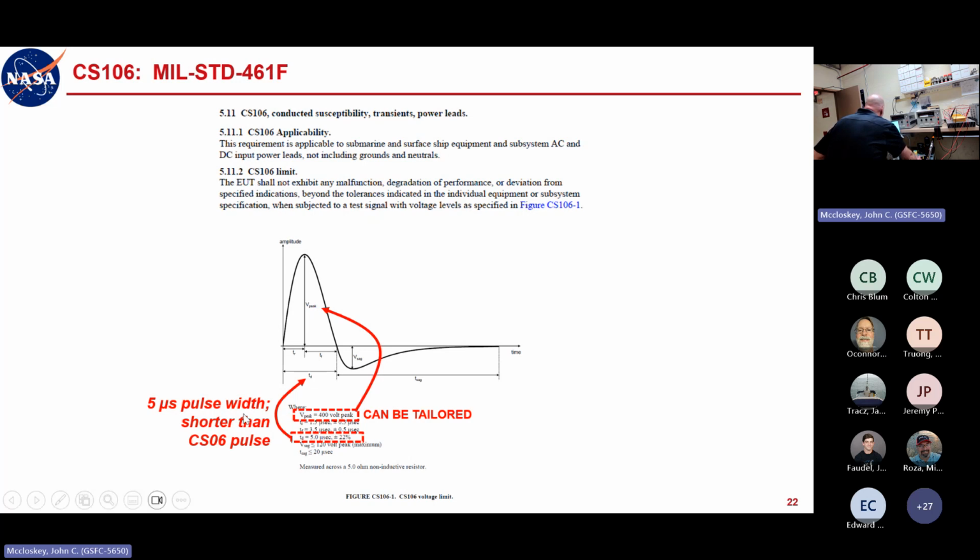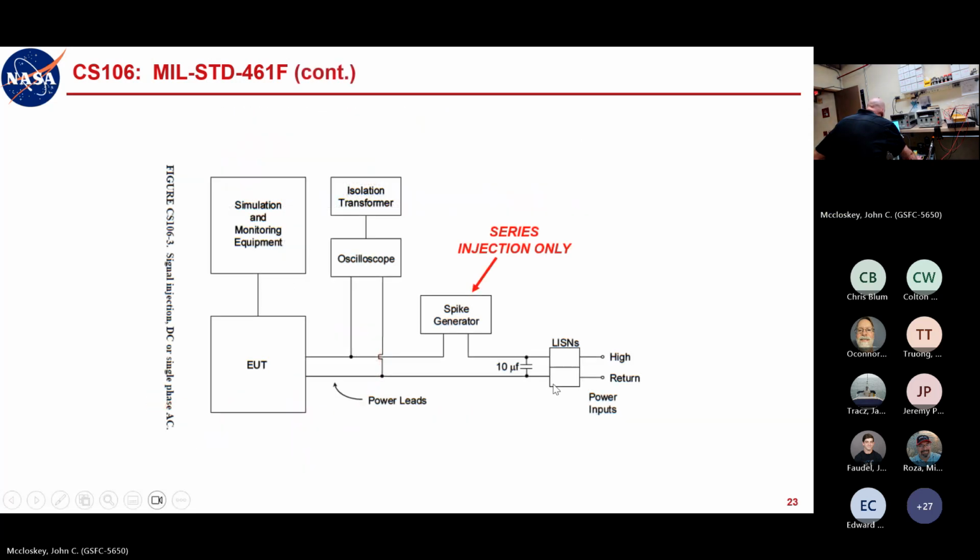Now the pulse width was made 5 microseconds, so it's shorter than the CS106 pulse, right? And for the test method, they only specify series injection, which I think is rather interesting. But that's the only diagram in the mil standard, at least that I recall.